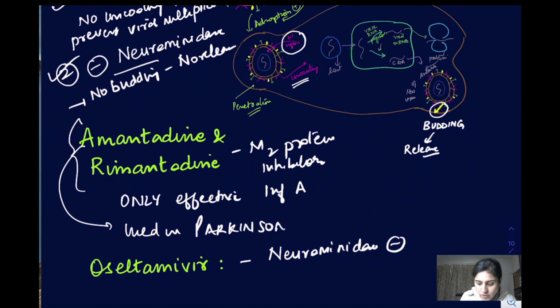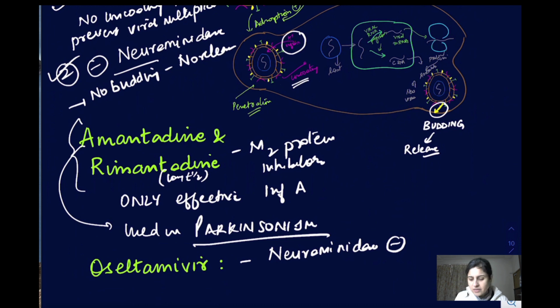Though it's an anti-influenza drug, it has been found to have some effect on the dopaminergic neurons that are useful in Parkinsonism. Rimantadine has a long half-life. That's the only difference; otherwise, everything is the same. It has a longer half-life as compared to amantadine. So not really much in use now because it has a narrow spectrum, only against influenza A.